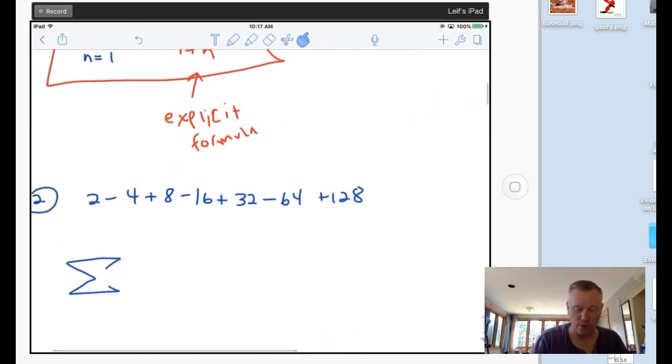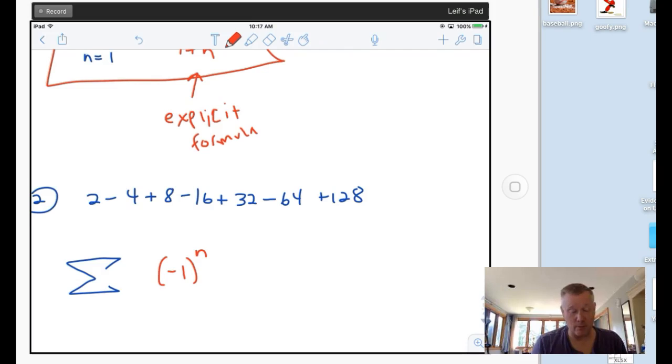So here's number 2, a little trickier. I have to find out what my formula is here. Just like in the last video, suppose I took that 2, -4, plus 8, minus 16. I've got that alternating positive negative thing going on again. If I take -1 to the nth power, I would get negative, positive, negative.